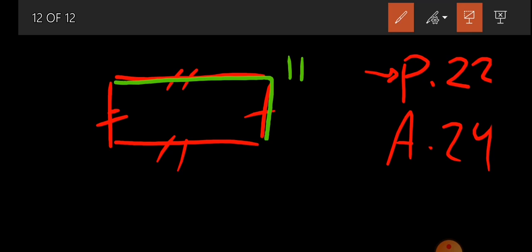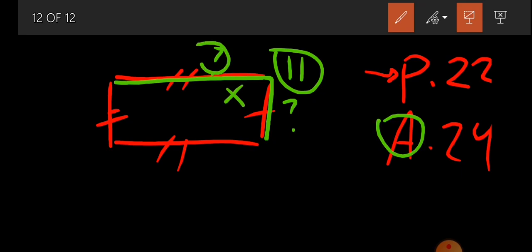Okay. So what are the two numbers? If you add them, you will get 11. I want to know this side and this side. What are the two numbers? If I add them, they give me 11 because half of the perimeter here is 11. And what is the area? The area is this side multiplied by this side.